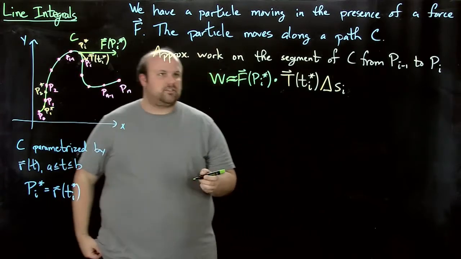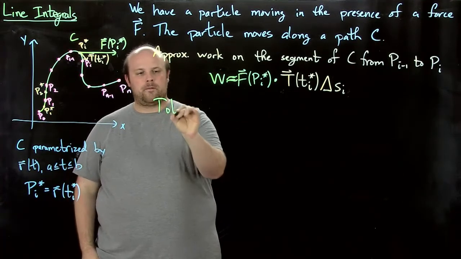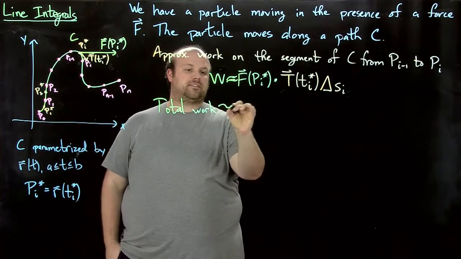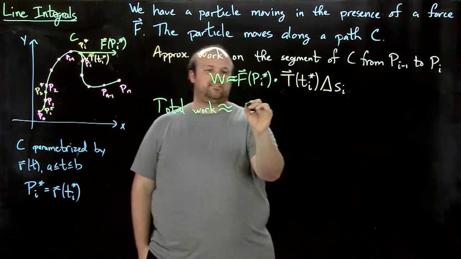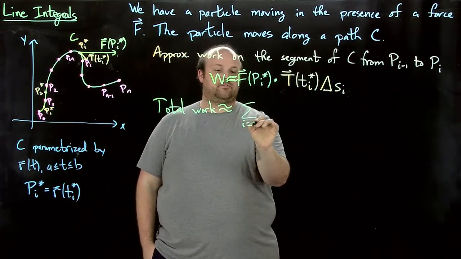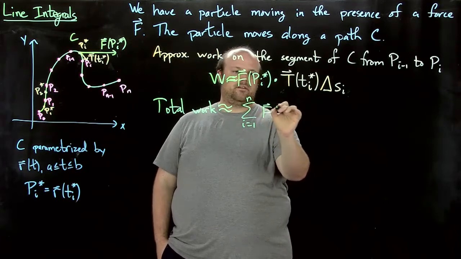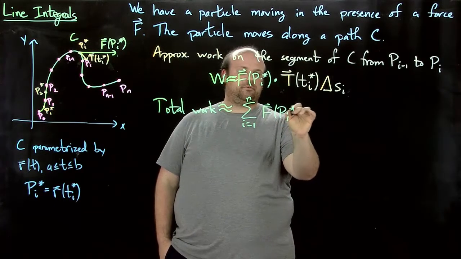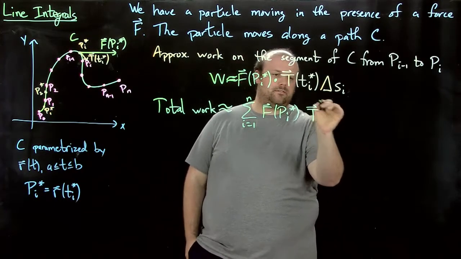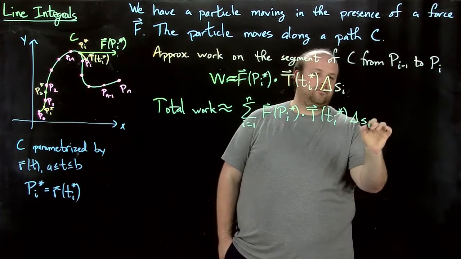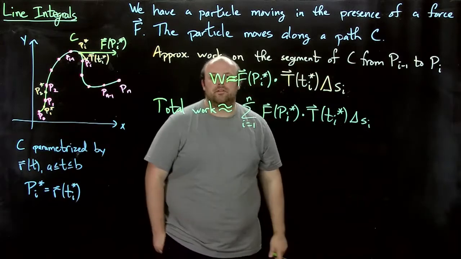So that means the total work is approximately the sum from i equals 1 to n of this kind of stuff: F at this sample point dot product with this vector.